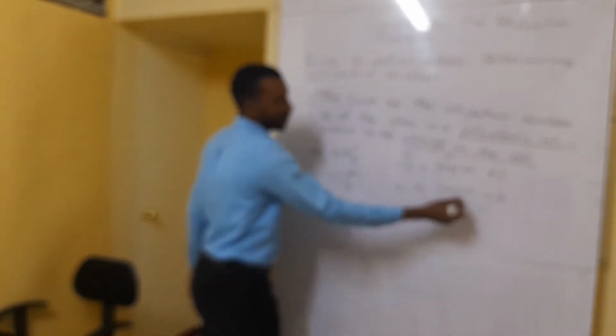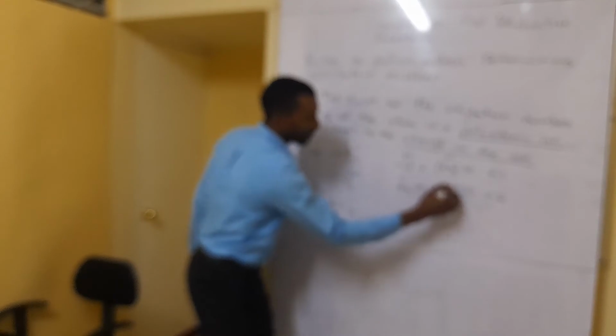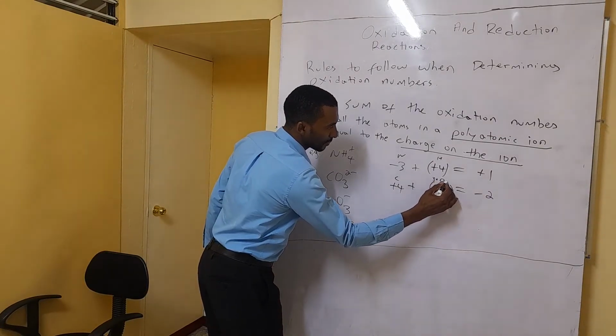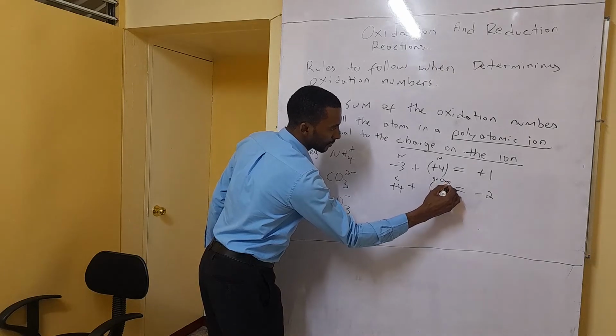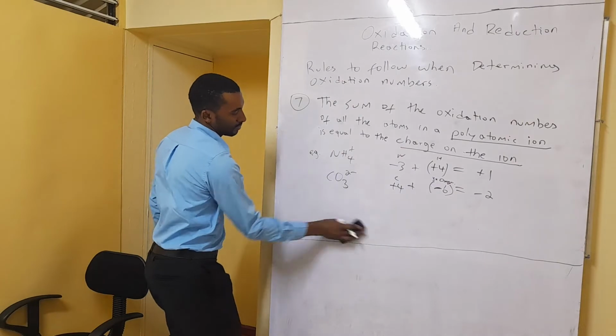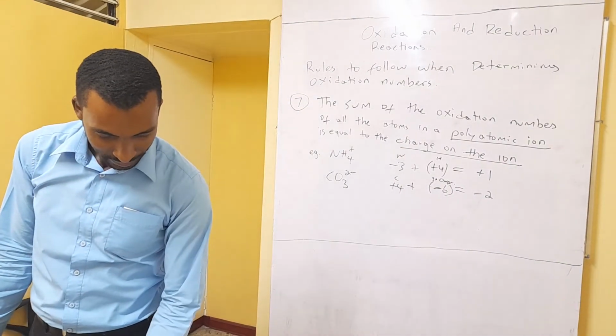As you can see, for this to be -2, the carbon would have to be +4. But we are going to work properly now. Alright, so just take that from the board. I was just using it as the example. Alright?